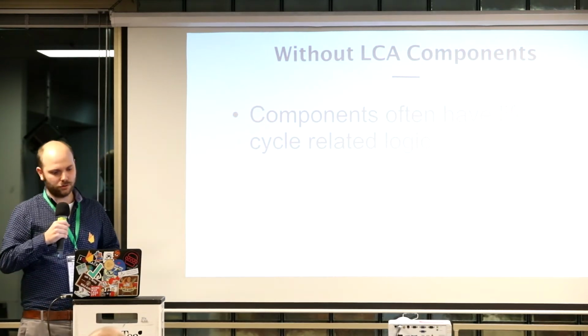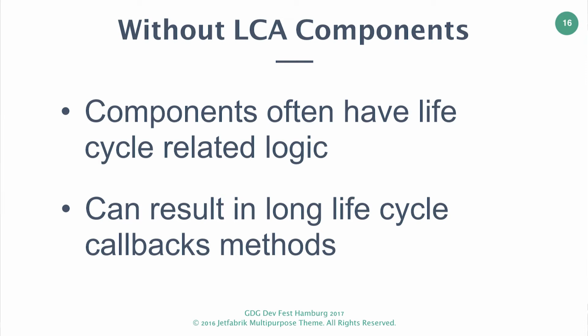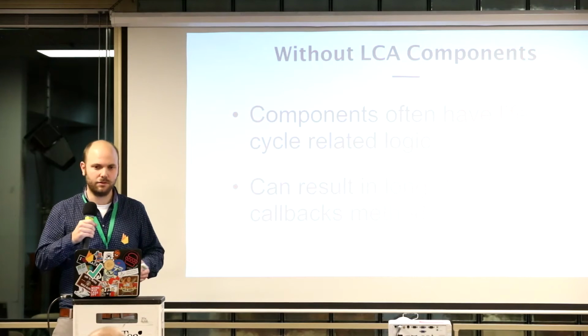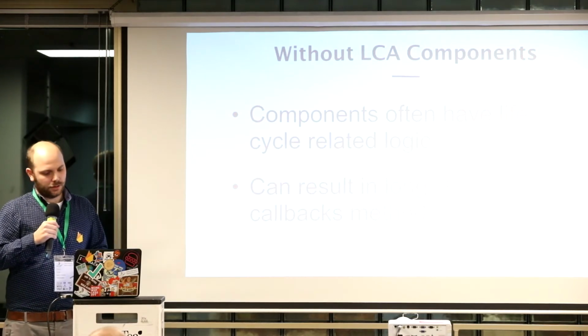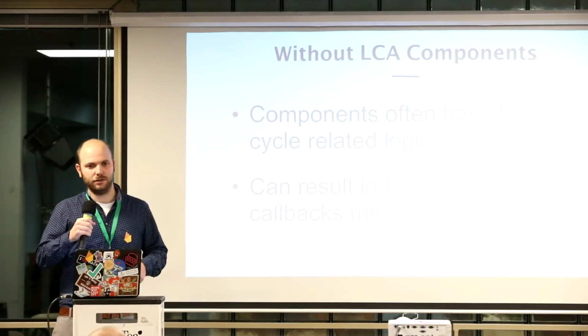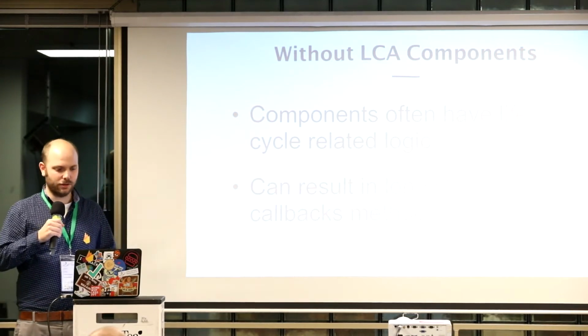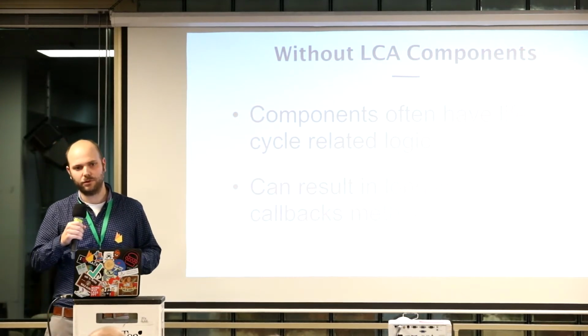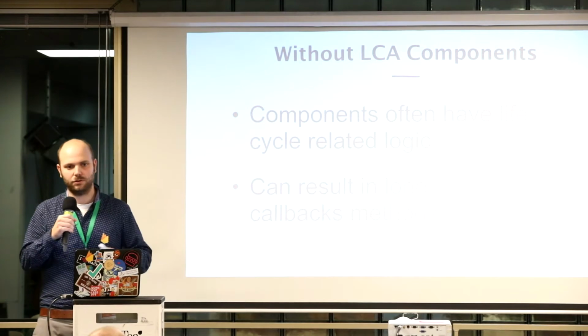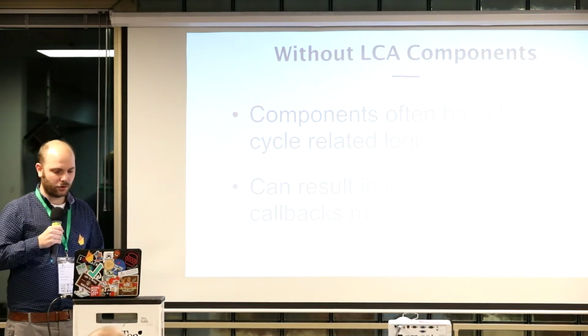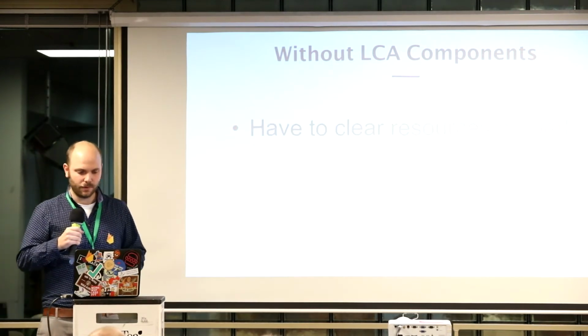So there's always logic that we need to implement within our activity. And this can result in long lifecycle callback methods. So if we have, let's say, 10 different components in our activity, and for each one of them we need to register, unregister, clean or initiate, then we're going to end up with a very long on-create method or on-destroy method and so on.